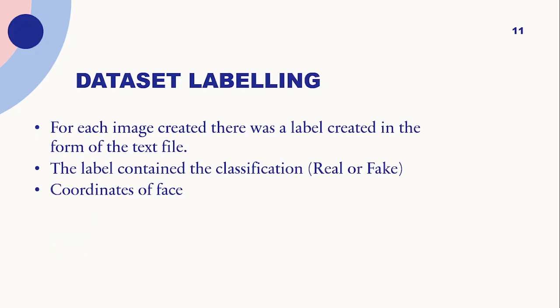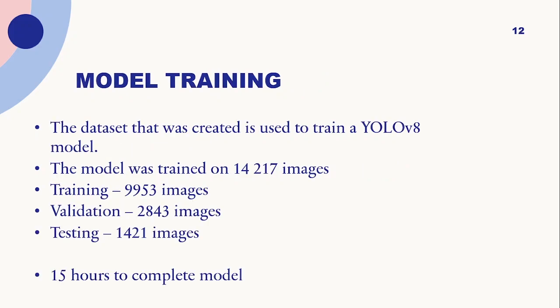For the labeling of the dataset, for each image that's collected or created, a label is created and stored in the form of a text file. Inside the text file, the label contains a classification, which is real or fake, whether it's a real face or a fake face, and the coordinates of where the face is.